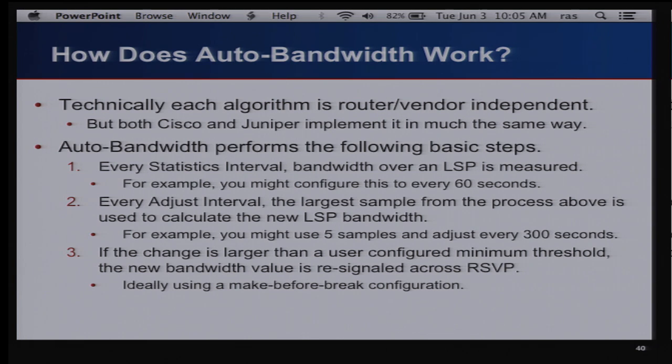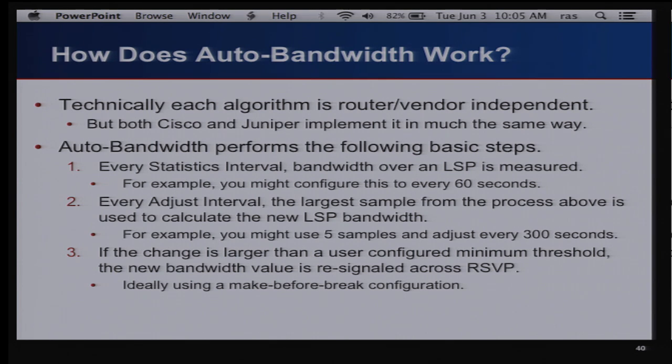Now I'm looking at it and I say, is the value that wants to go across worth changing? You could configure, for example, that you only want to change if it's more than 5%. So if there's been a 5% change in the reservation, it's time to resignal, and you create a new LSP with a new bandwidth, and you tear down the old one.